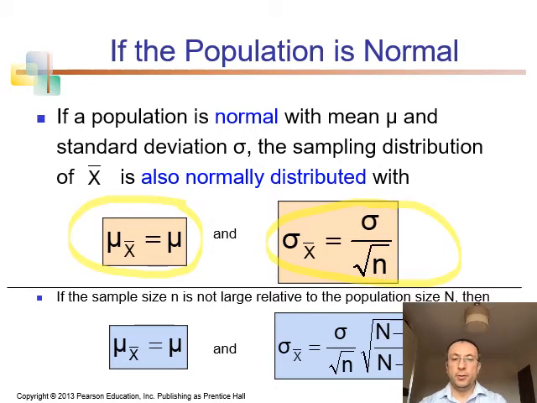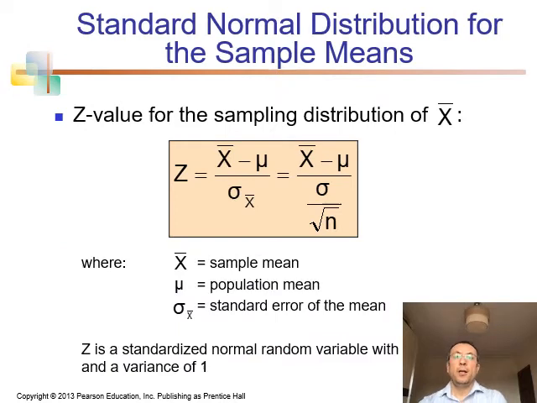Now there's a discussion when the sample size is not really large. We will skip that discussion. We will assume that our sample size is large enough. So we only need to use this formula here and this formula here. The sampling distribution of the sample mean can also be standardized. How do you standardize?